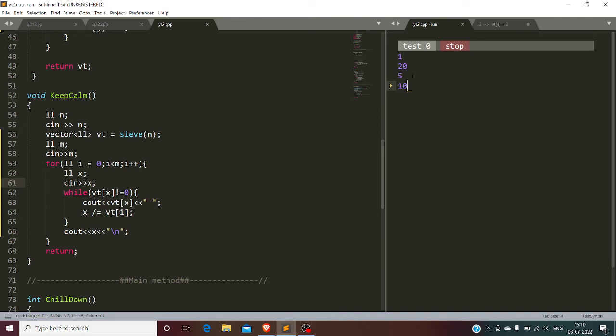I need 10's prime factorization, 12's, 8's. Okay, so 20 is n, right? And then 5 is m. Alright, then I give 10, then 8, then 6, then 12, then 5, and that is all 5. Let's see what it does.